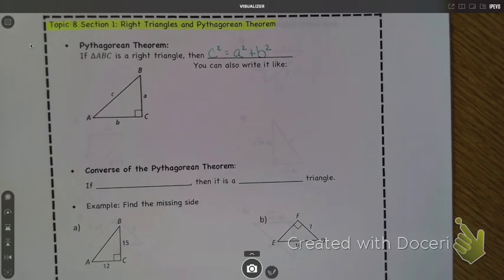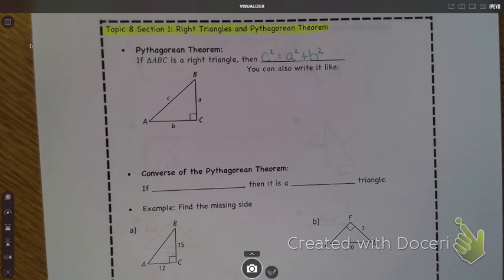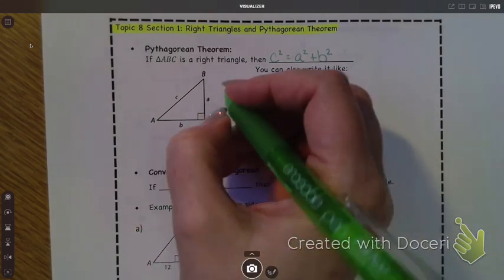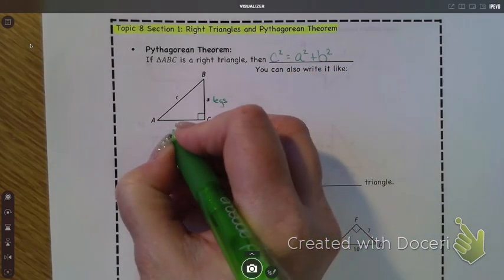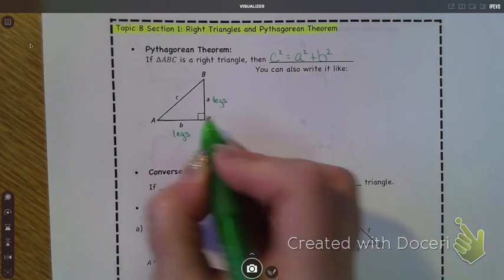The Pythagorean theorem comes into play in a lot of things. It's the equation of a circle, it's the distance formula, it's a lot of things. Okay? A and B are legs. The legs make what angle when they meet?